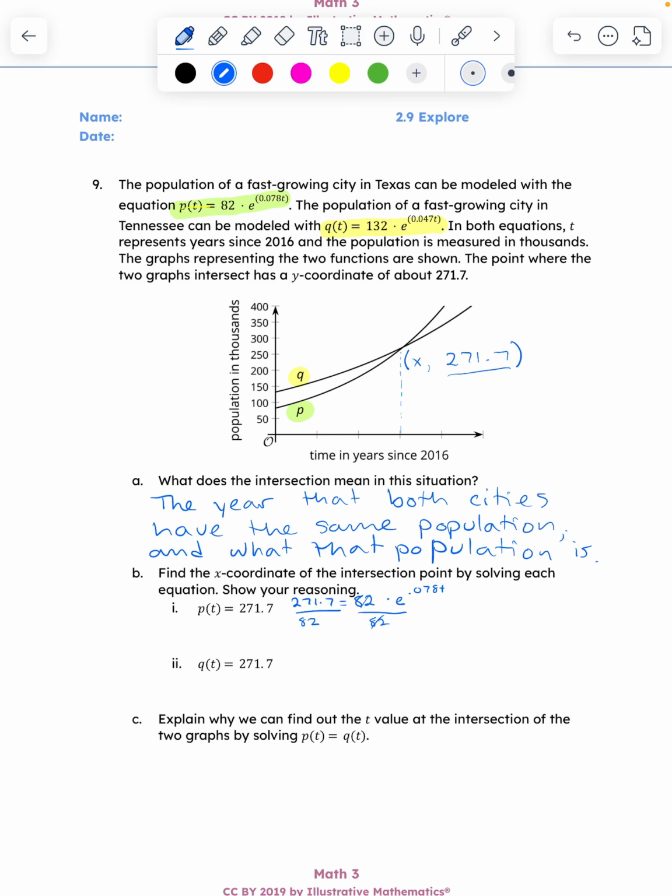I know my next step is going to be to take the natural log. So I'm going to be left with the natural log of 271.7 over 82 equals 0.078t.